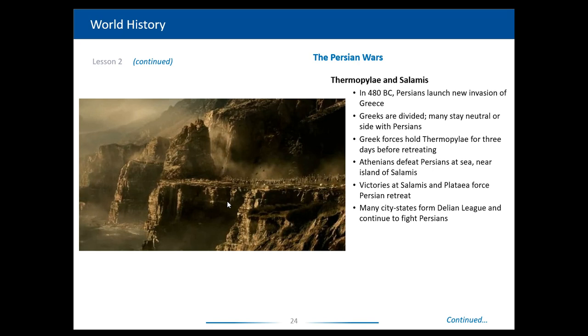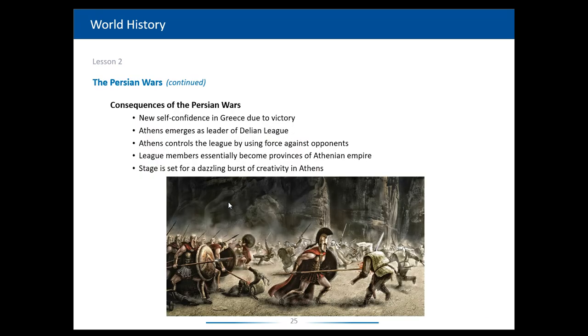The Athenians defeat the Persians at sea near the island of Salamis, and victories in Salamis and Plataea forced the Persians to retreat. So many city-states form the Delian League and they continue to fight the Persians, and they are relentless. The Spartans work very hard to defeat the Persians.